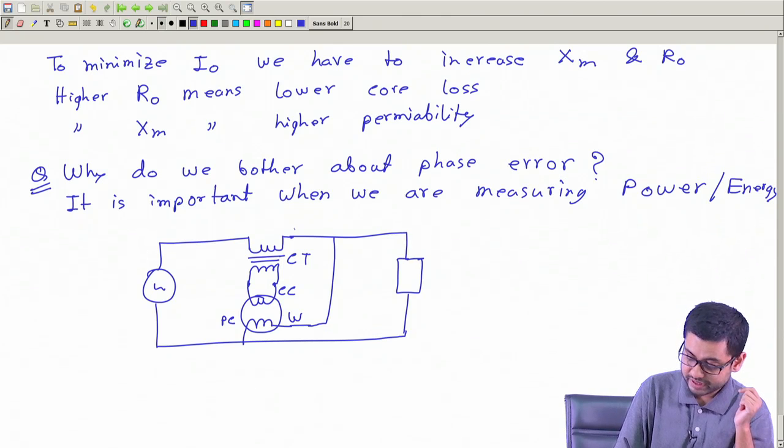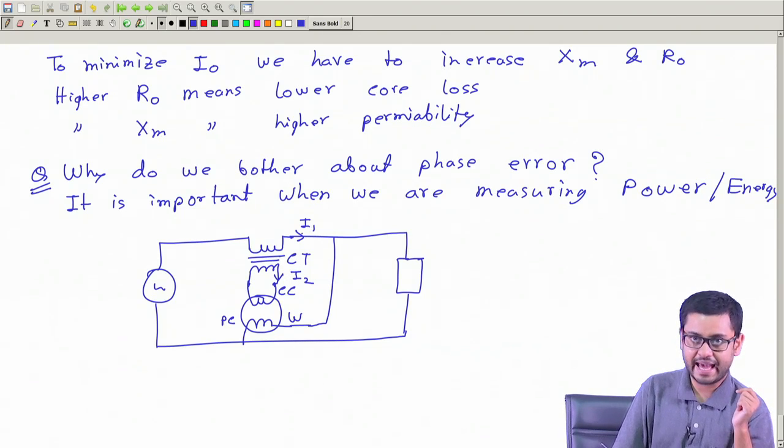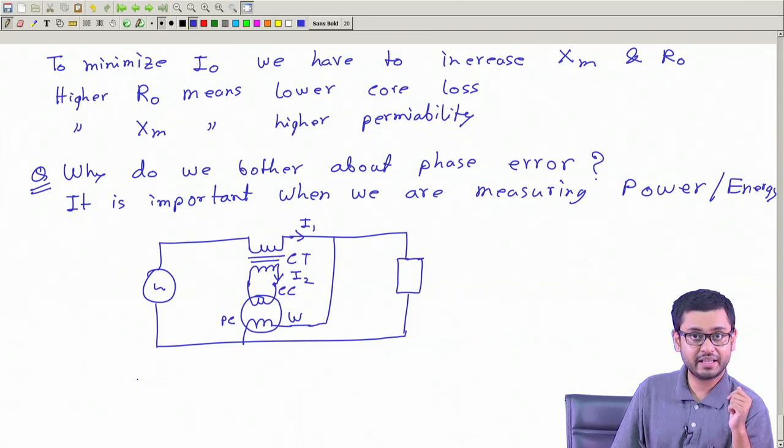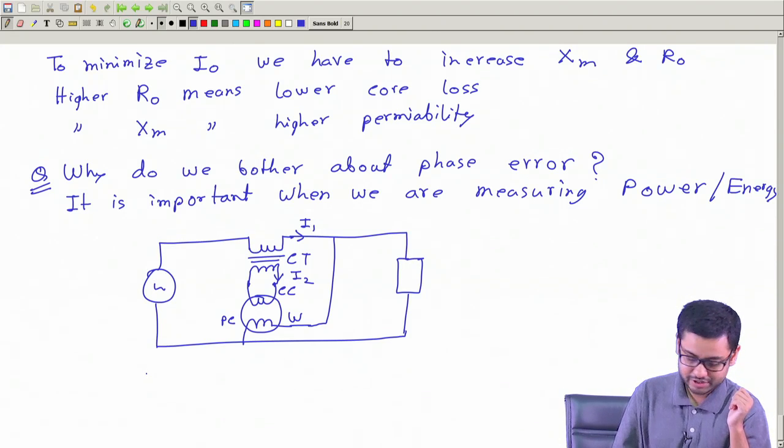Now if this current which is I1 and this current which is I2 are not in phase, if there is a phase lag or lead between them, then the angle between this I2 and this voltage will not be the same as the angle between I1 and this voltage. So power and energy measurement will be wrong. So this is why we bother about phase error.